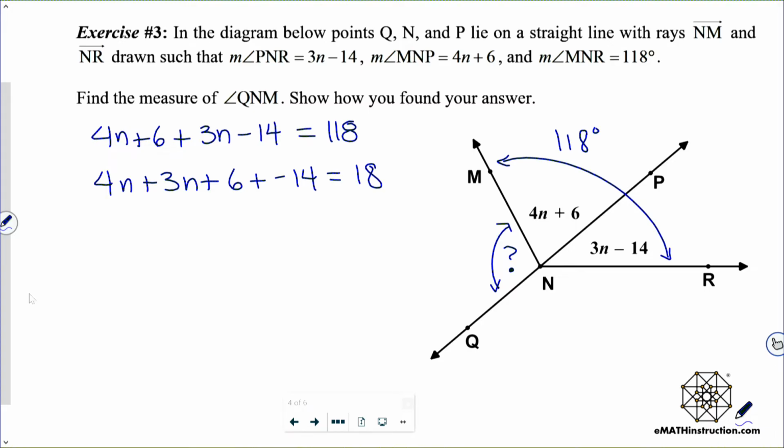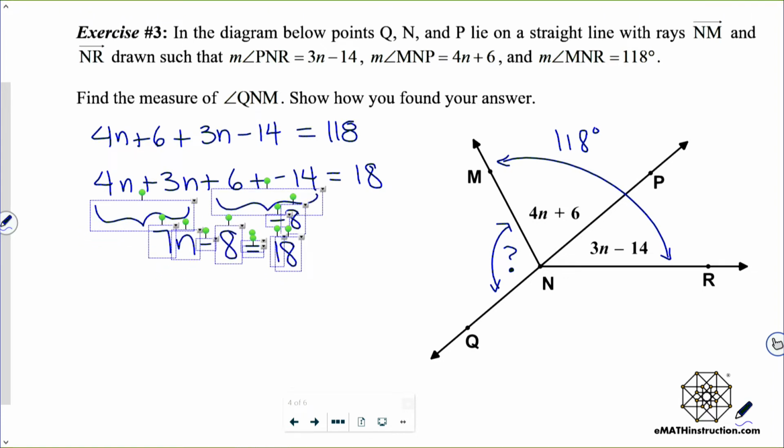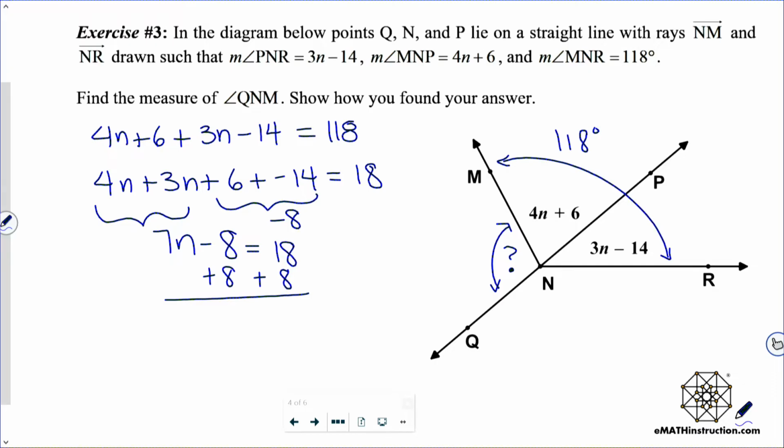I'm now going to say that 4n plus 3n is 7n. 6 plus negative 14 is negative 8, but I'll just write that as 7n minus 8 equals 118. All right, so now I want to solve this equation. I'm going to add 8 to both sides.